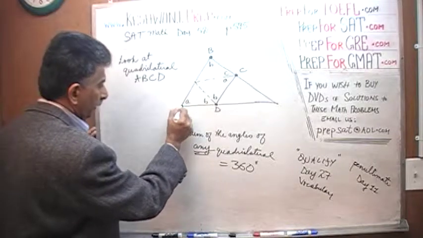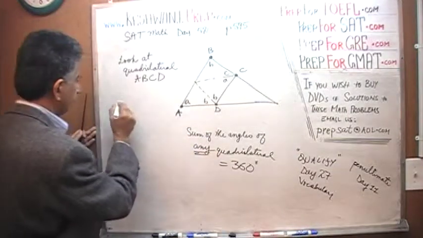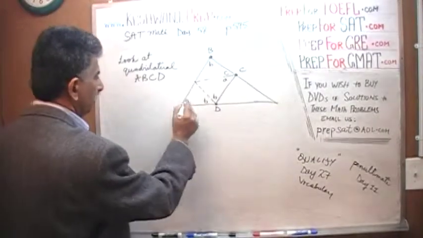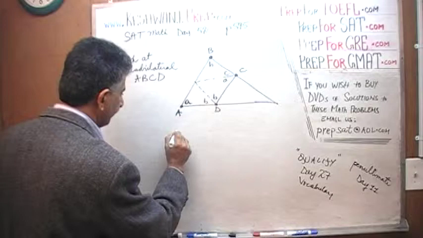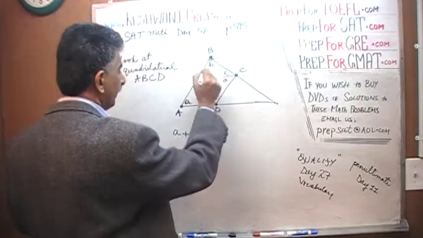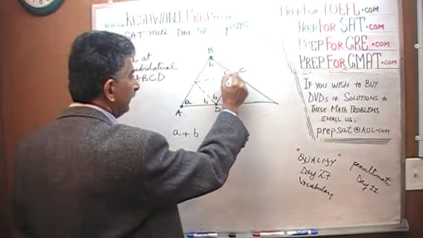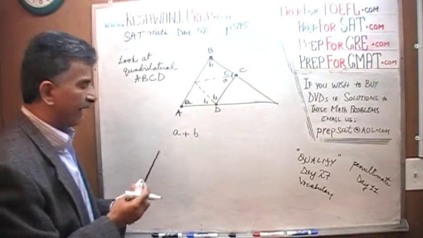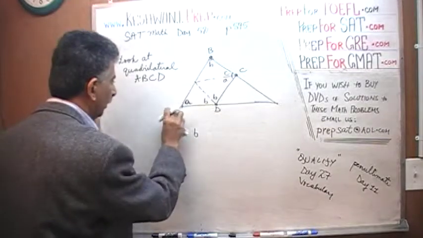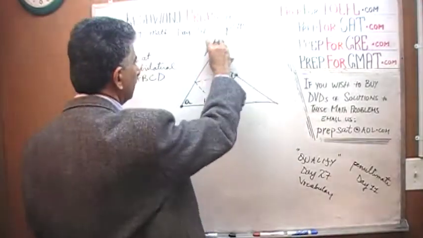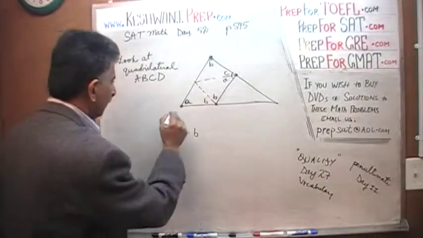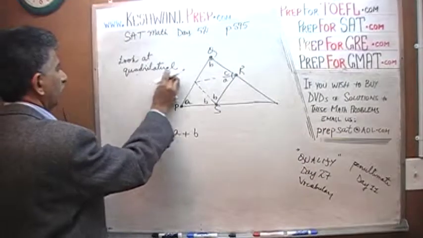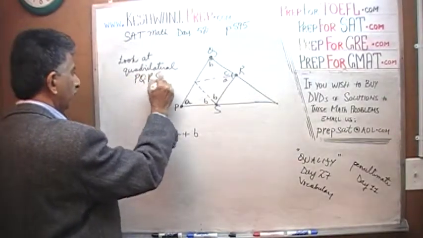We have angle A at point A, then at point B we have angle B, at point C we have angle C and A. Now listen, because the capital letters A, B, C, D are going to confuse us with the small letters for the angles, let's call the points P, Q, R, S. And look at the quadrilateral P, Q, R, S.